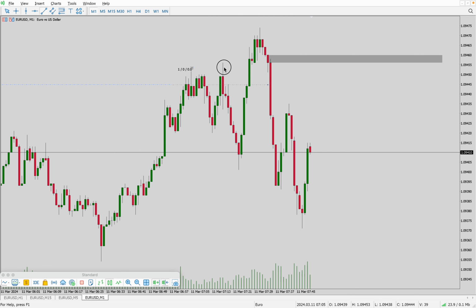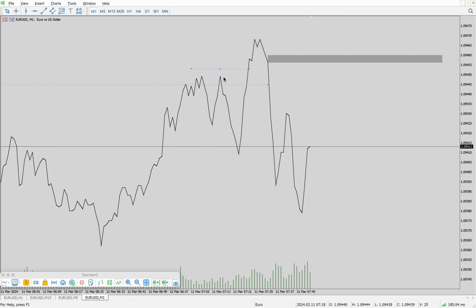So we got relative equal highs. Price swept the relative equal highs. This is the entire swing low structure. Okay. That's why I like taking the bodies of the candles. Again, let me show you why.